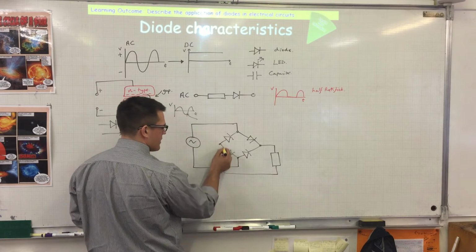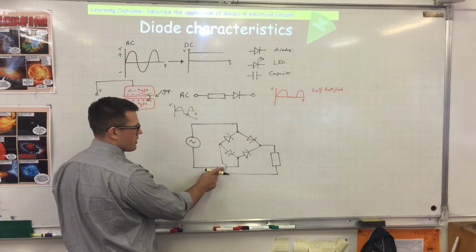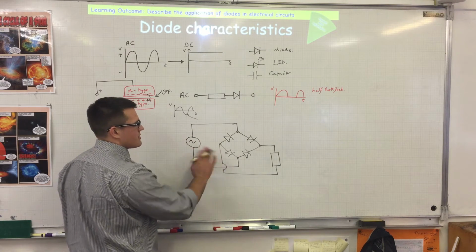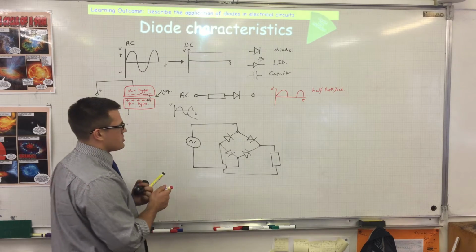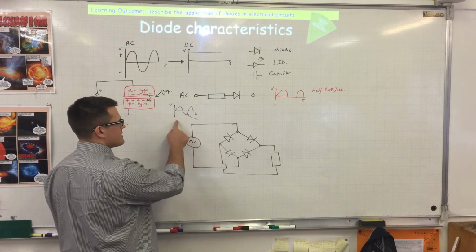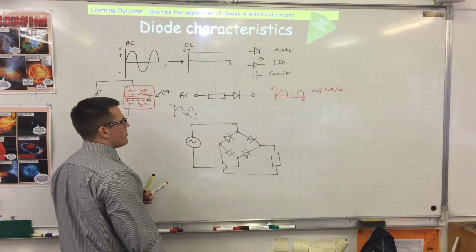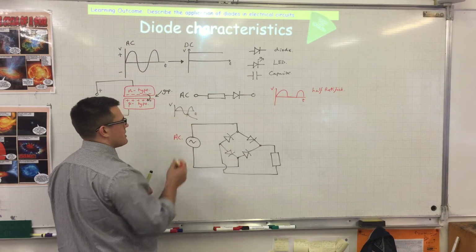And it's going to be connected like so. This little jump means that these two wires aren't connected, they're just on top of each other. So what happens in a bridge circuit is, if you imagine I was to look at the input of this, it would be our AC. Because this is AC, it would be our typical AC curve.